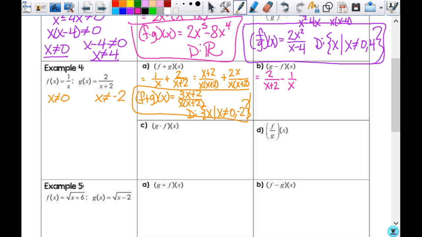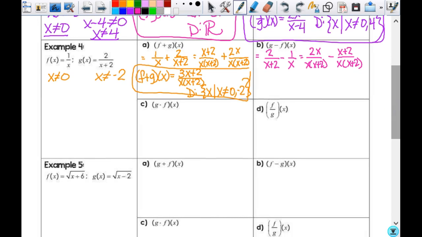No. Okay, you gotta have a common denominator, so this becomes 2x over x times x plus 2 minus x plus 2 over x times x plus 2. So g minus f of x equals, I get x times x plus 2 in the denominator.